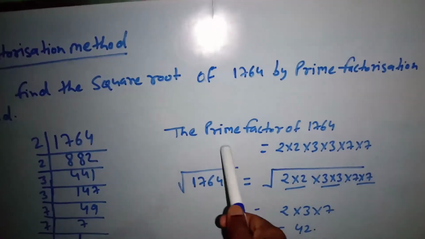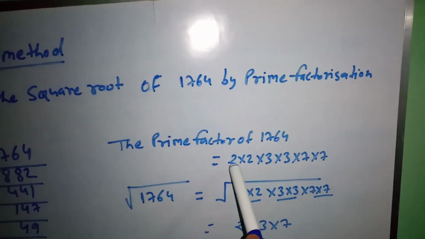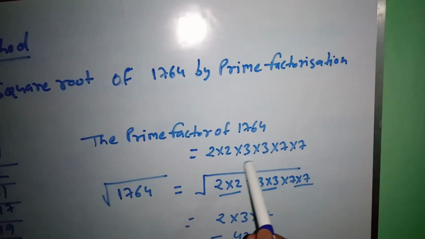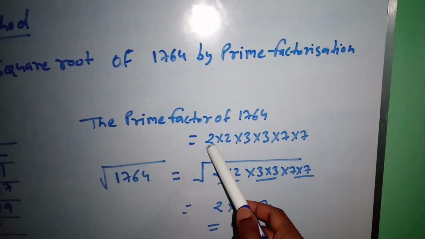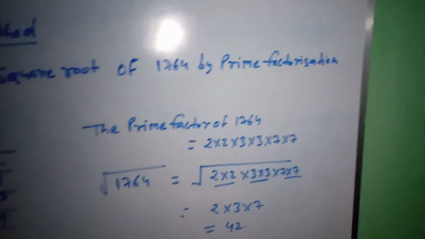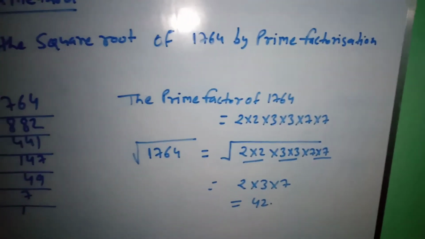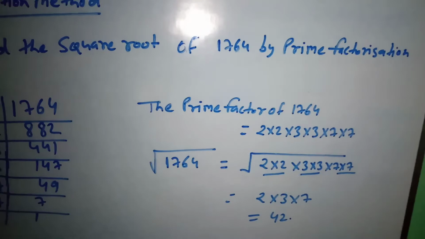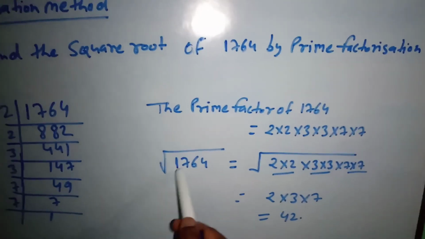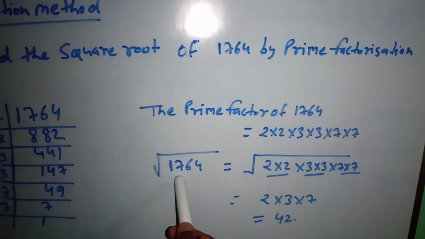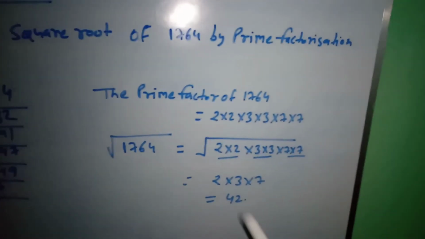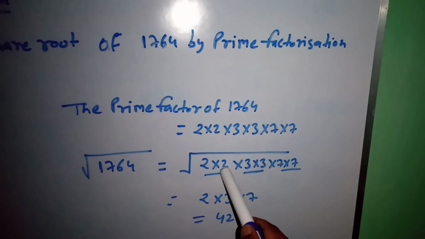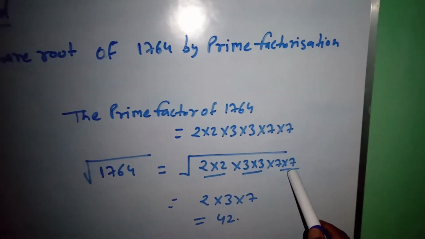So the prime factors of 1764 equal 2 into 2, 3 into 3, 7 into 7. So the square root of 1764 equals the square root of 2 into 2, 3 into 3, 7 into 7.